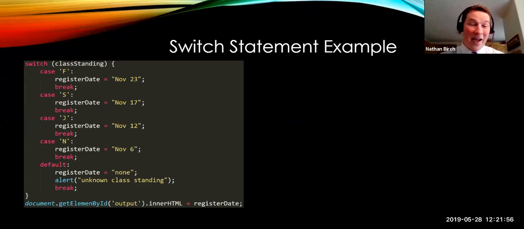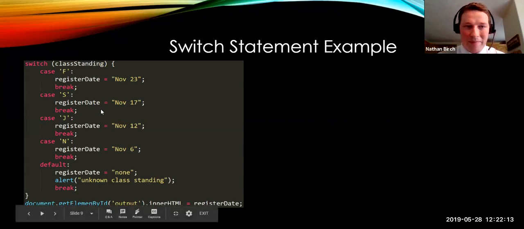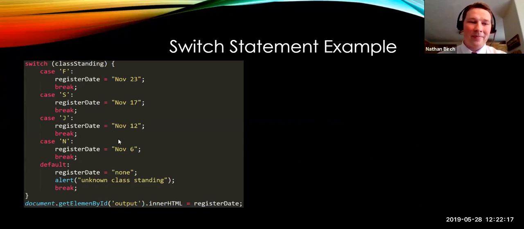If I had an if else block, I could go through a bunch of those and potentially execute several of them. But with this, as soon as this break happens, it'll just get you out of the code and it won't keep executing this switch statement. So performance-wise, this can be helpful.